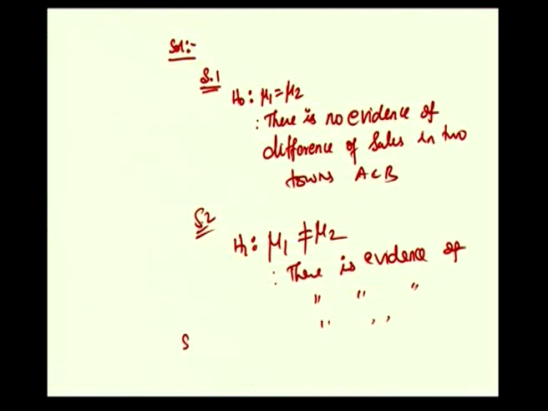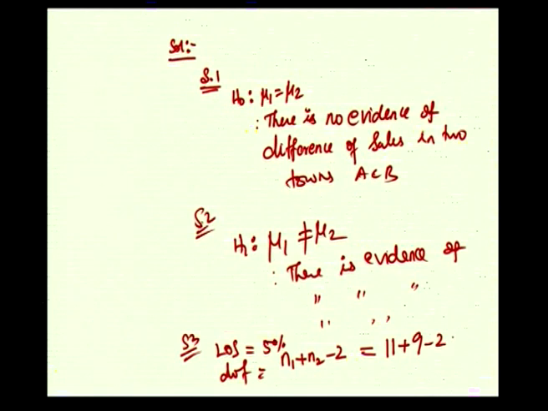Then step 3 says level of significance is 5% and degrees of freedom is equal to n1 plus n2 minus 2, which is equal to 11 plus 9 minus 2, which is equal to 18.